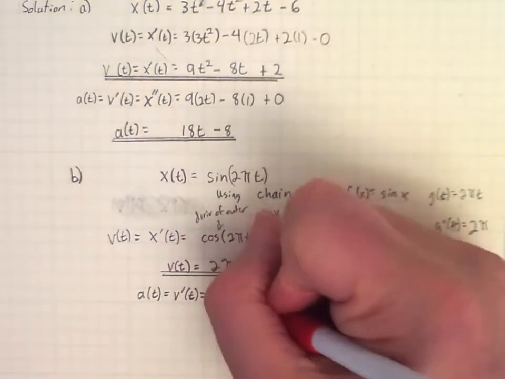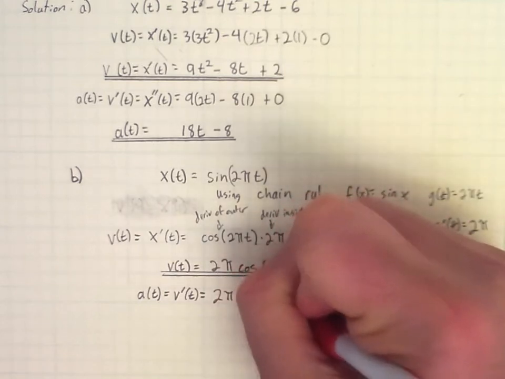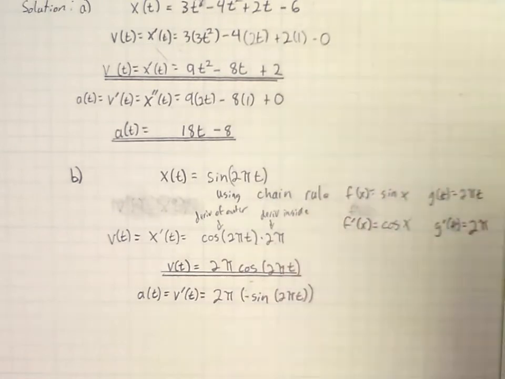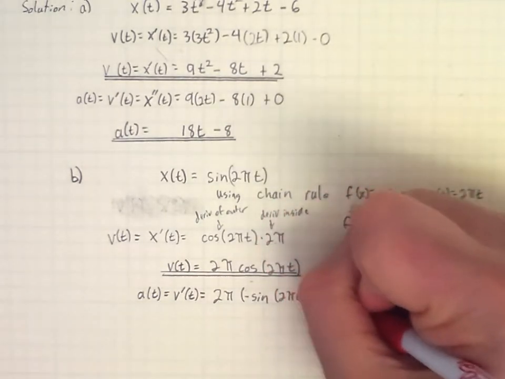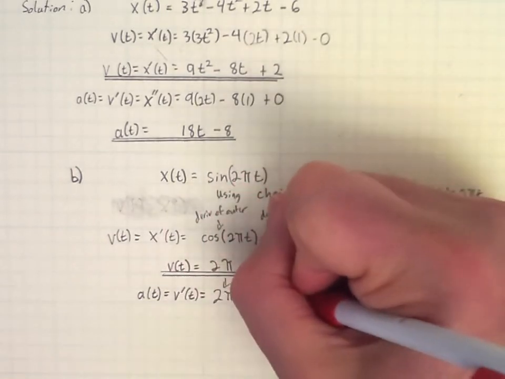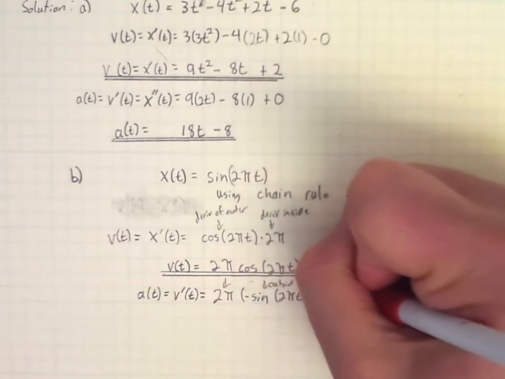So this is going to be negative sine of 2 pi t. And then I have to multiply by the derivative of what's inside, the 2 pi again. This is my outside. This is my inside.